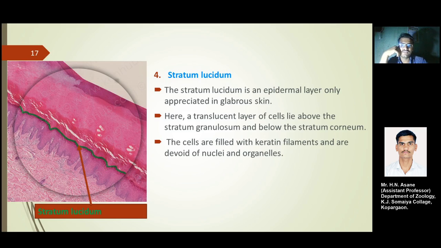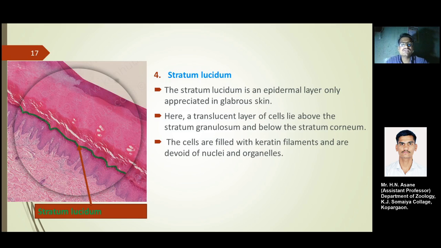Hence it is a translucent layer of cells that lies above the stratum granulosum and below the stratum corneum. The difference between skin shades will be maintained by this stratum lucidum.